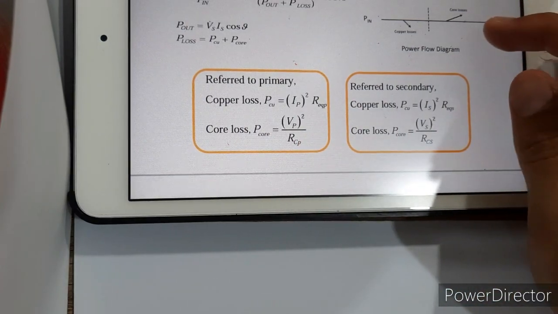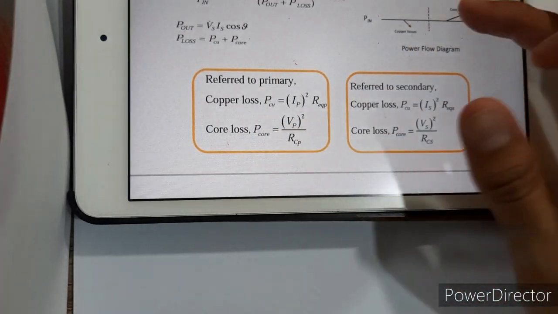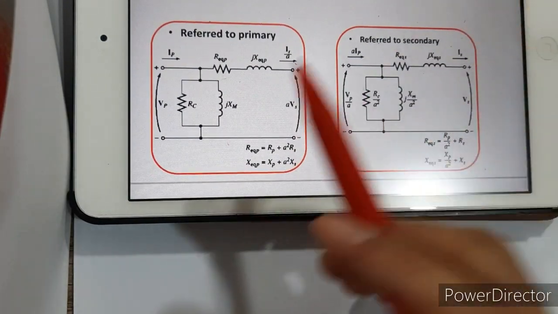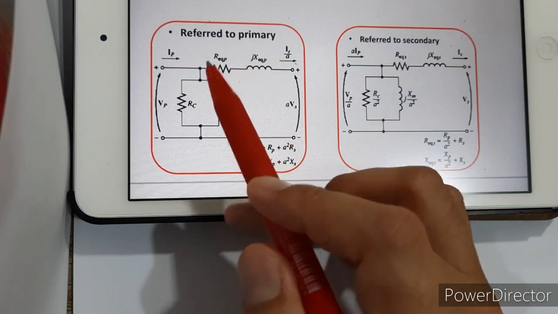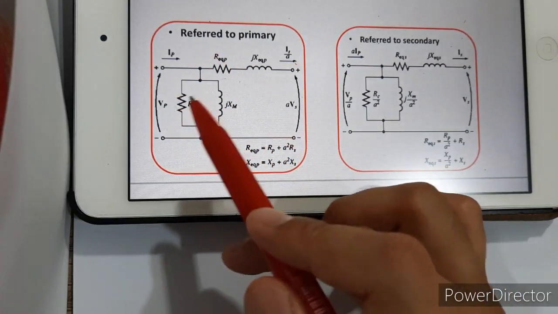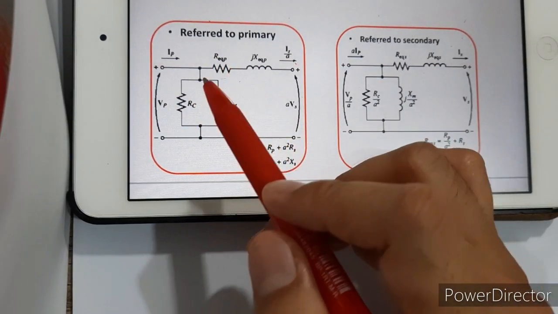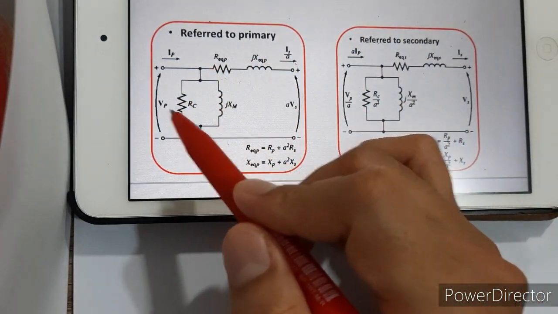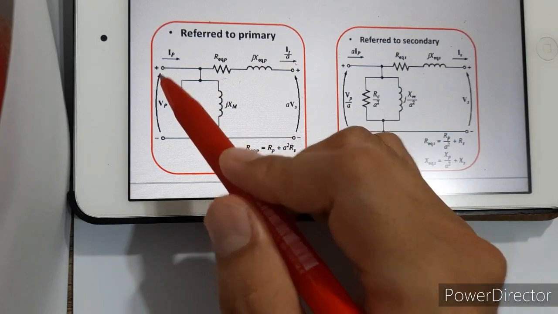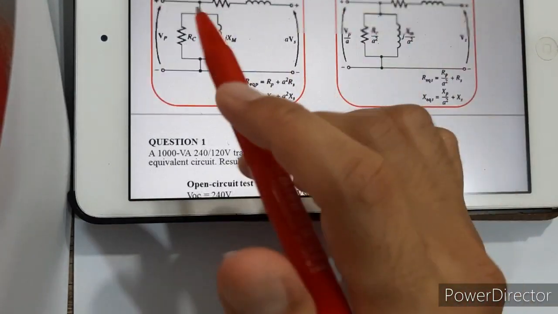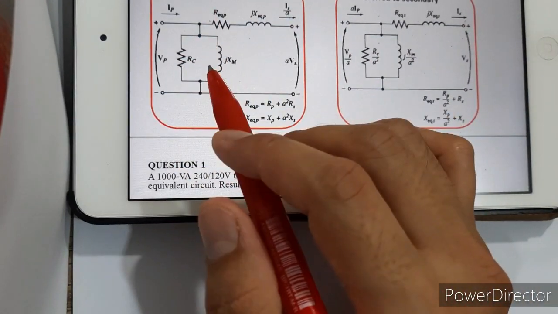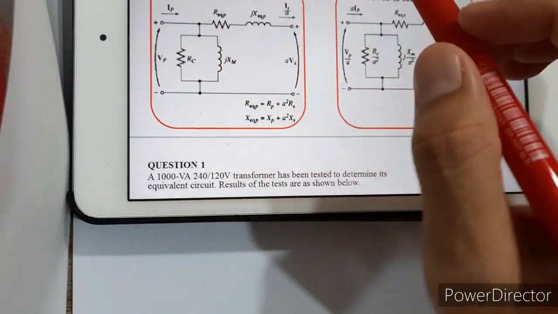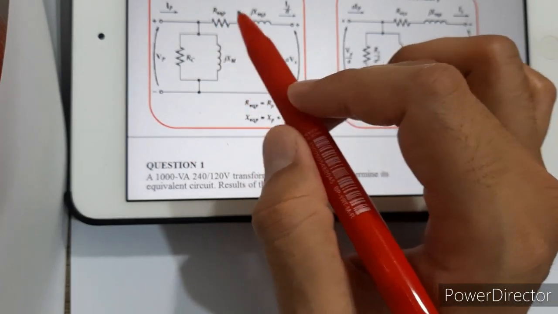So this is actually this circuit. This is PCU, and this is P core. So why is this VP squared over RC? Because the voltage is parallel with RC, so we can use the formula P equals V squared over R. And for this one, this is the current flow, IS.